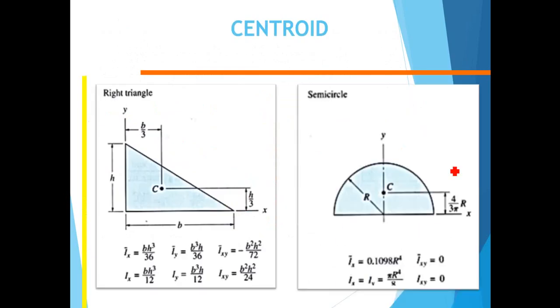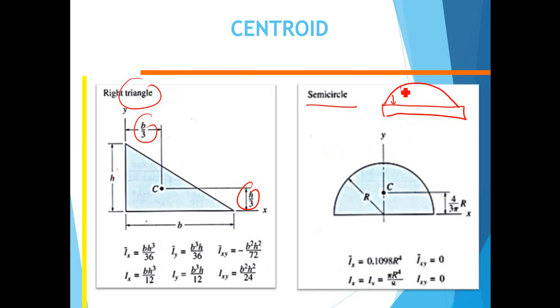That is the equation for the centroid of the triangle, and that is the centroid for the semicircle. If a beam is subjected to a semicircle distributed load, this is how you determine the centroid.